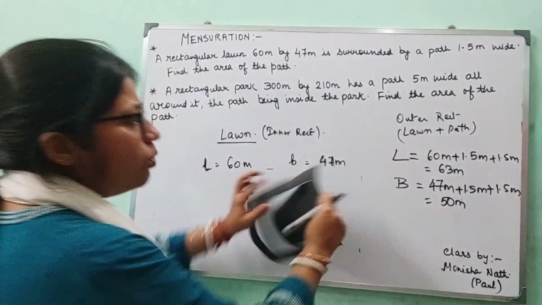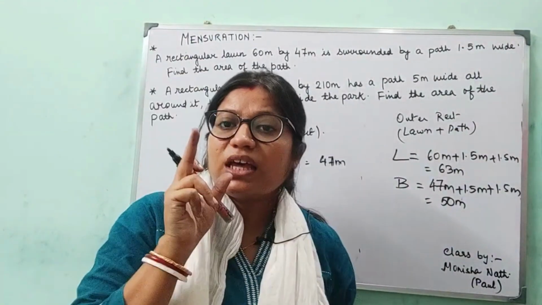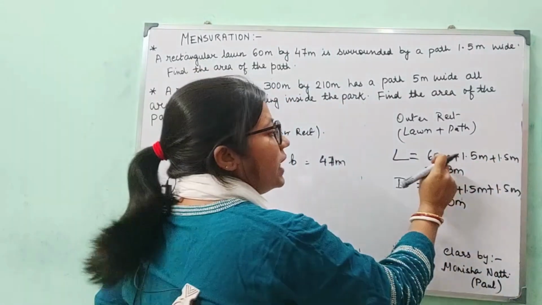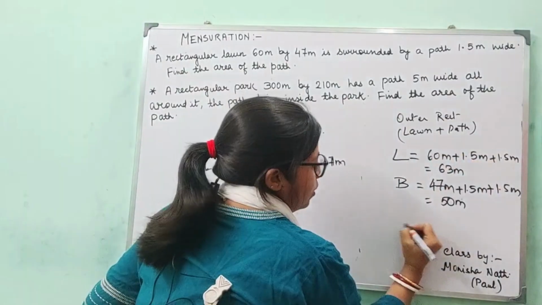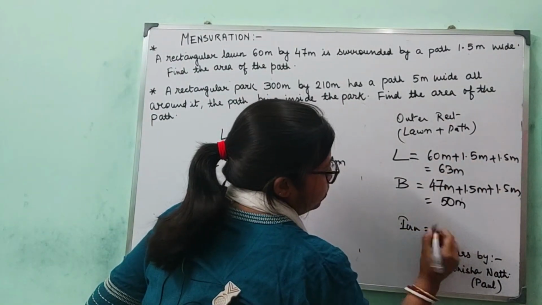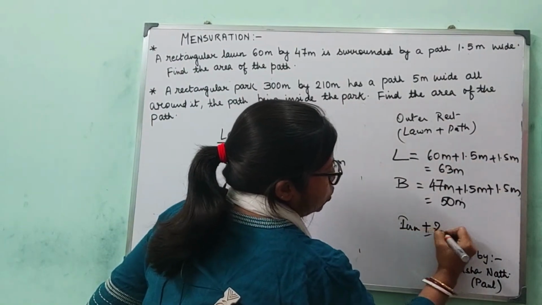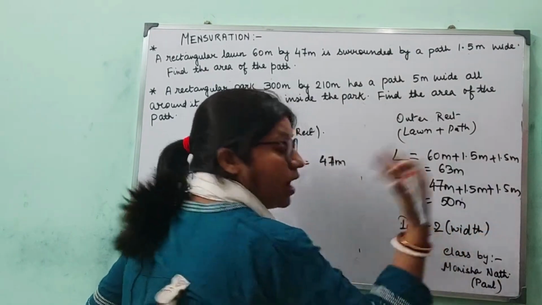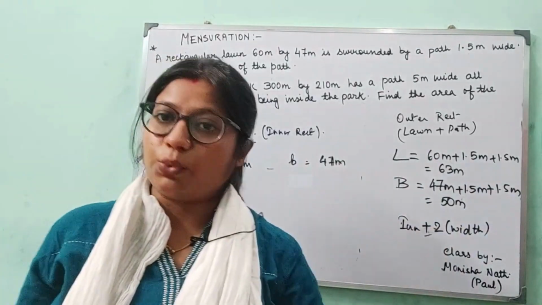So in general, if you are given the inner dimensions and you are asked to find the outer dimensions, to the inner dimension you add 2 times the width. You will get the outer dimensions, be it length, be it width.